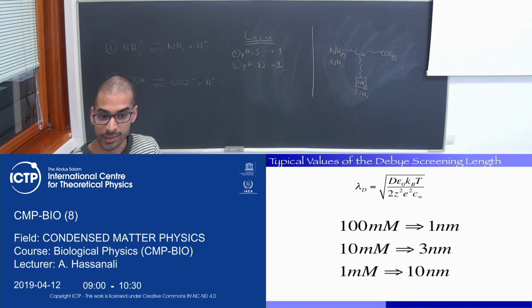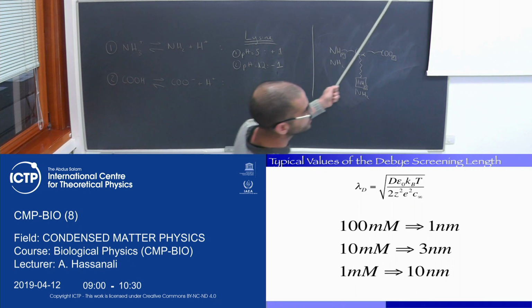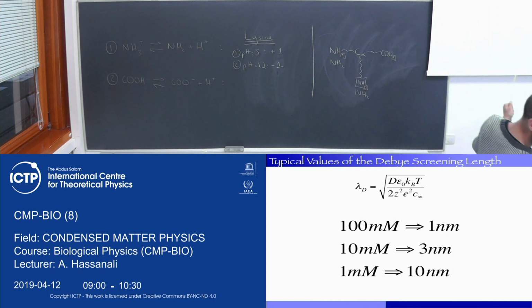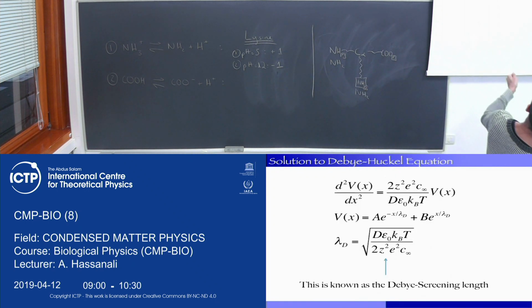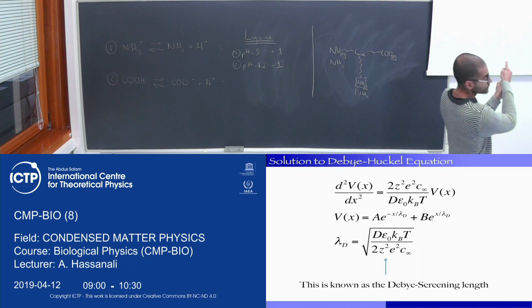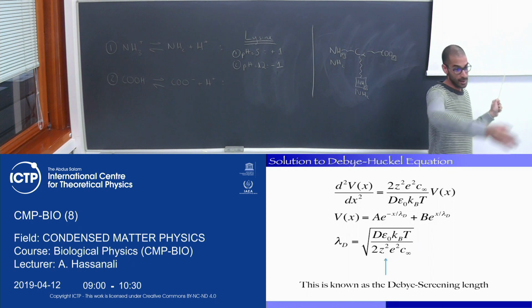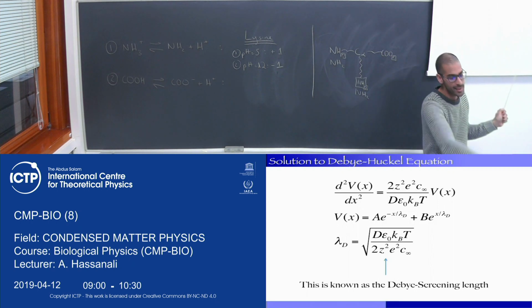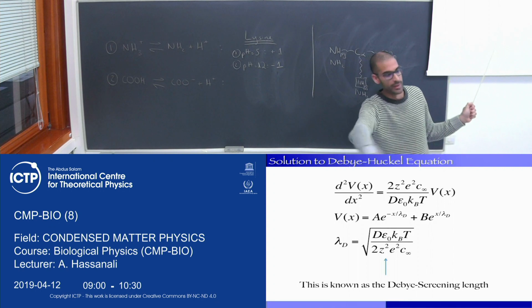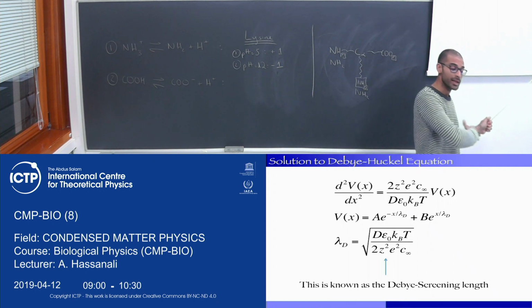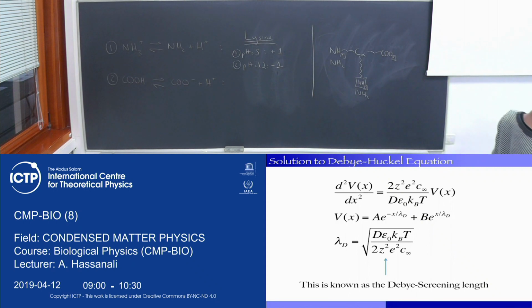Counter ions and how they interact with a charged surface can affect the screening length significantly. Remember, this lambda D goes into this V of x. Within this model, this is an exponential decay. It affects how long the tail of the exponential is, so it can go from 1 nanometer up to 10 nanometers.